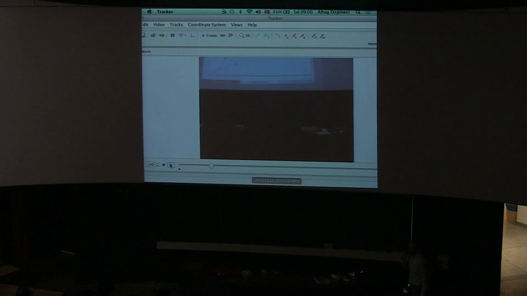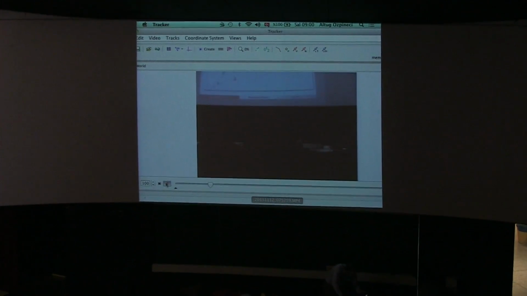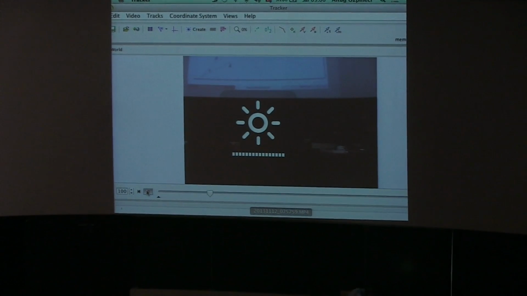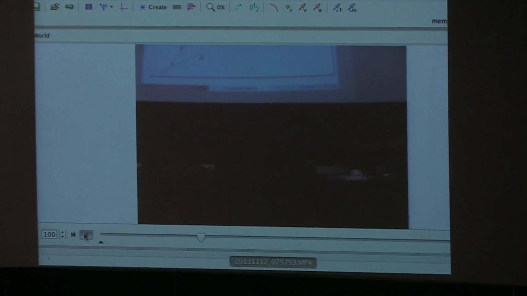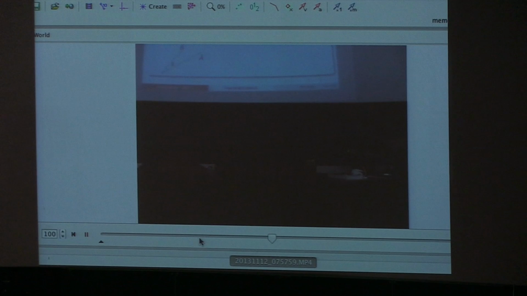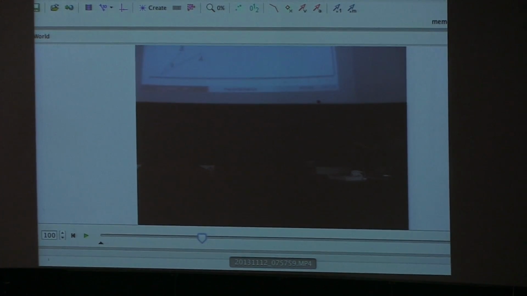Okay, the video is dark, but okay, you will see the ball in a moment. There is your ball. Okay, so that was a nice shot. Let us find where it starts. Okay, this is the first frame.